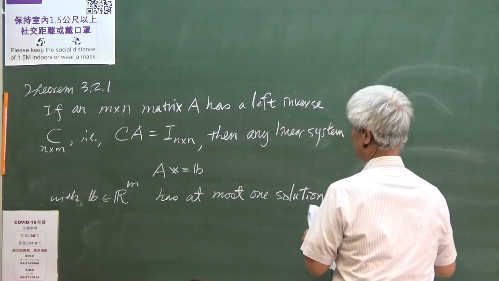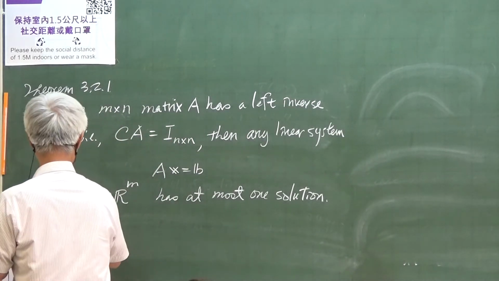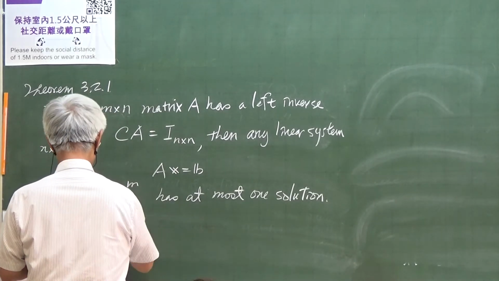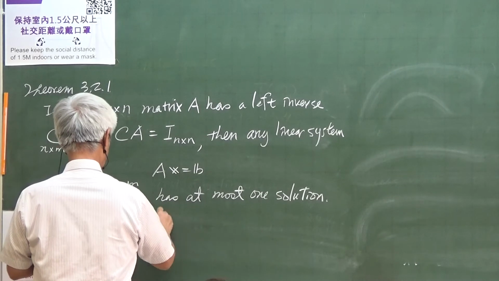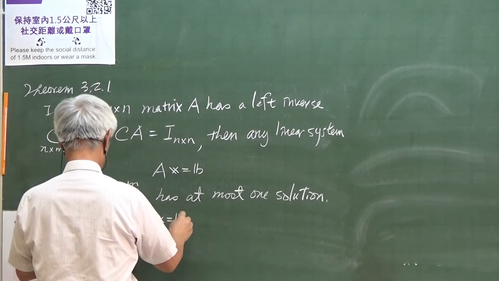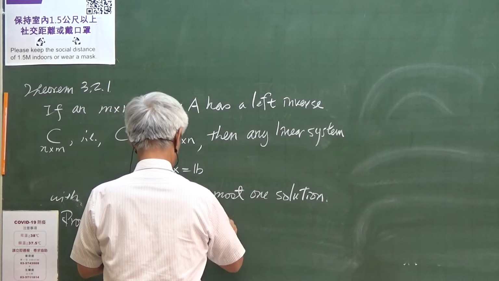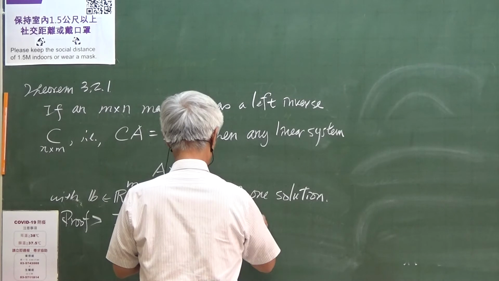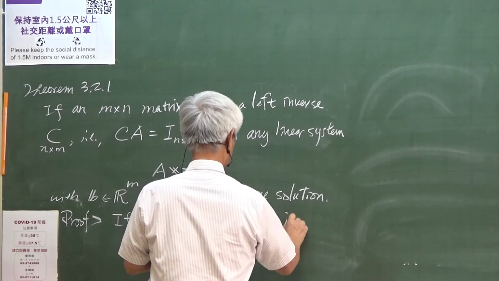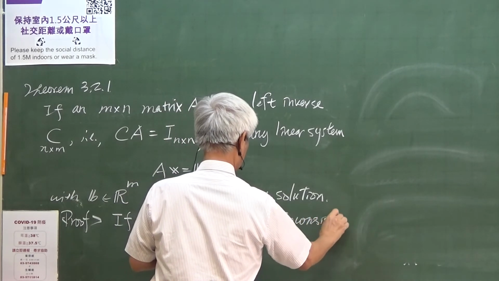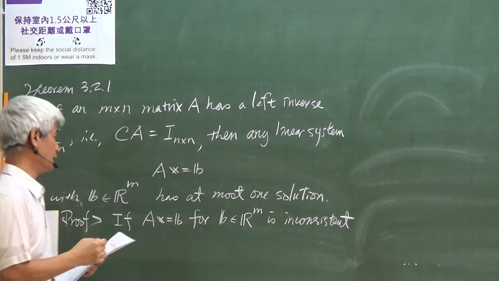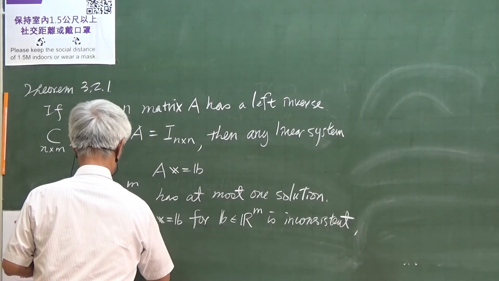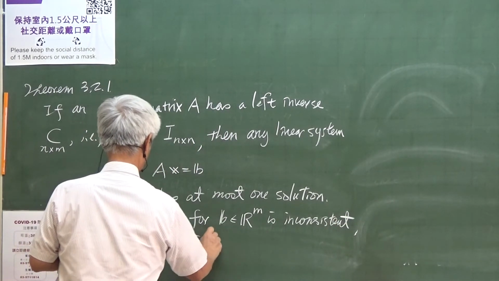Okay, so the proof. First of all, if AX equal to B for B in Rm is inconsistent, then there is no solution.